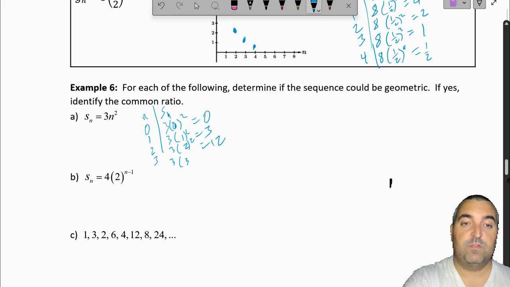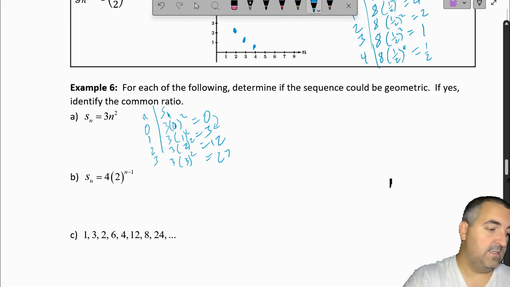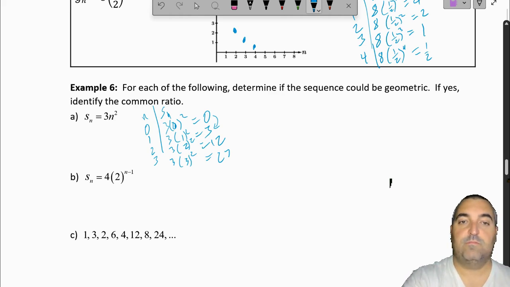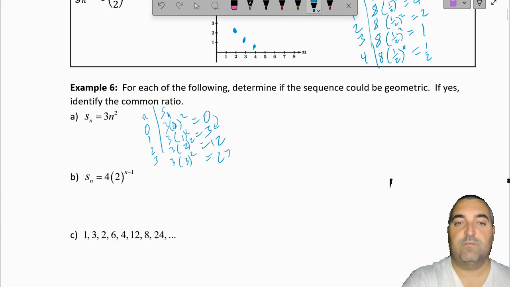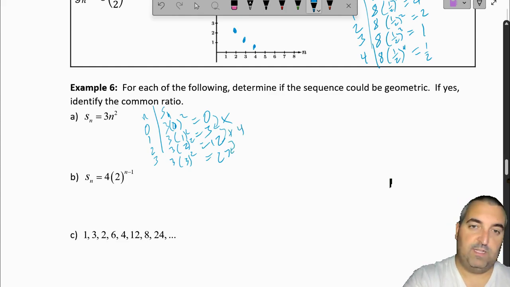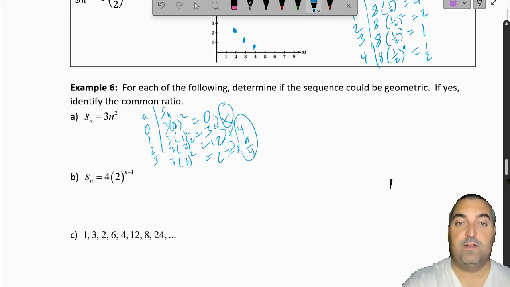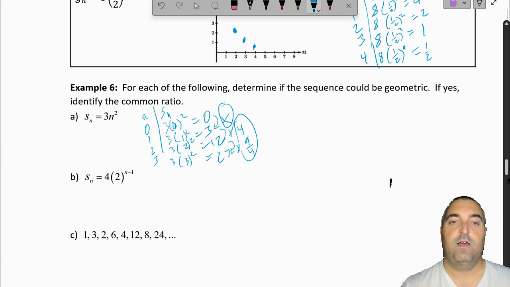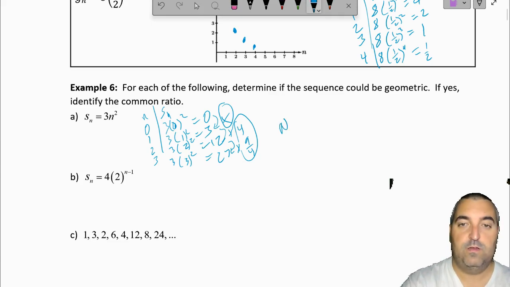And 3 times 3 squared is 27. From the first to the second, times 0 by anything is never going to give me 3, so I already know it doesn't work. Just for the sake of argument, the next is times 4, and then times 9/4. These are not the same, and also for the first one you can't even do the multiplication, so not geometric.